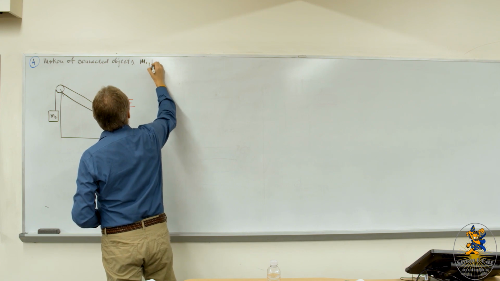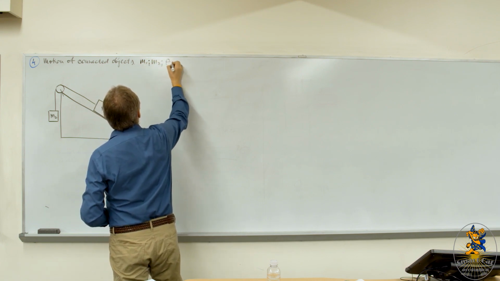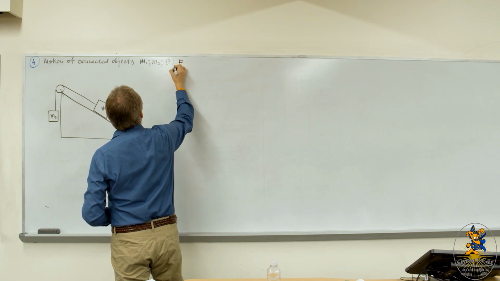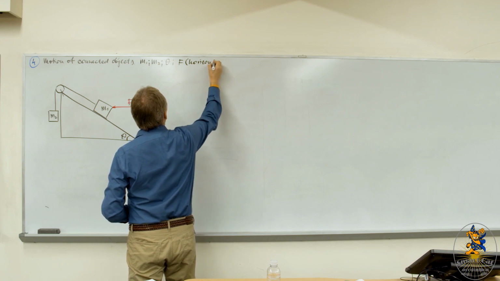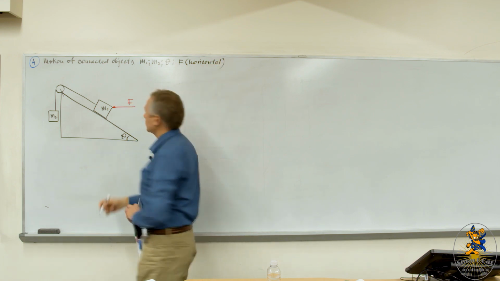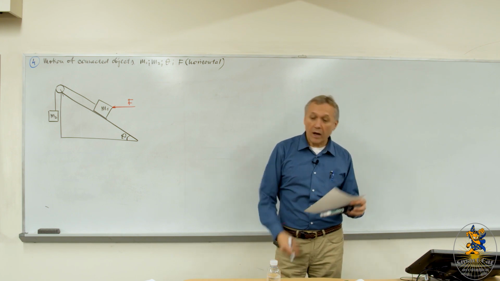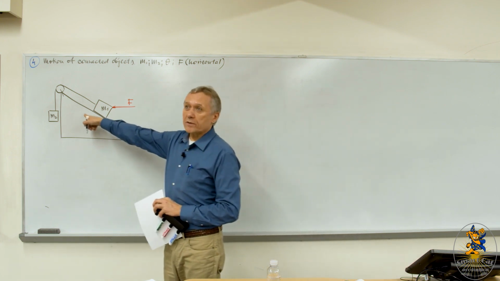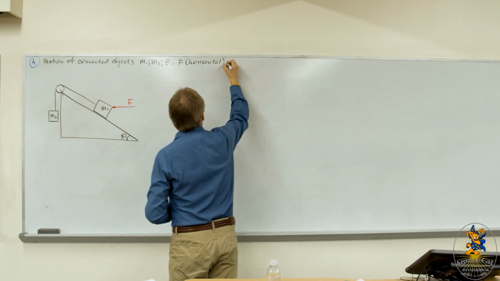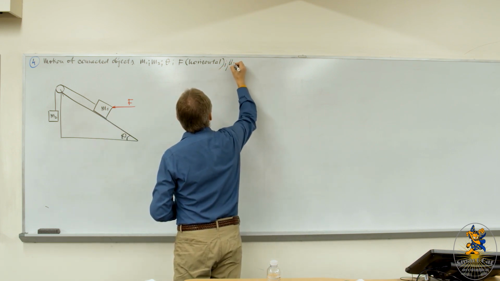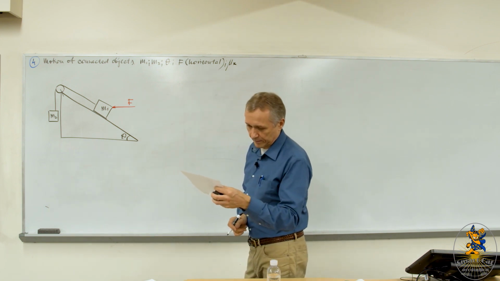M1, M2, the angle, and the force, which is horizontal. And this surface is rough, so there is friction, and also mu sub k.